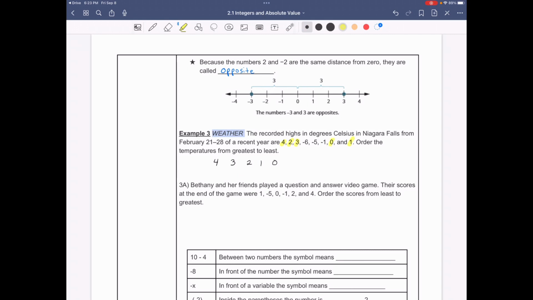And then the next would be -1, because that's less negative. So that means if it's less negative, then it's more positive. And we have -5, and then we have -6. That's how we order them. And then we could also have drawn a number line. So let's draw a number line.